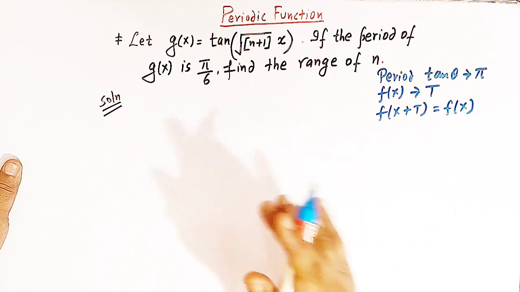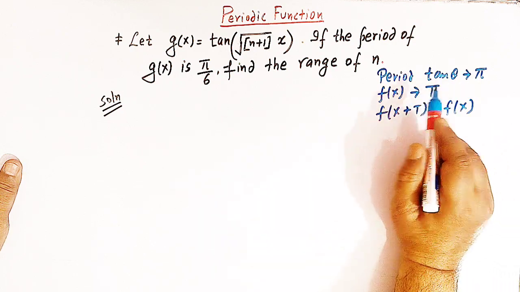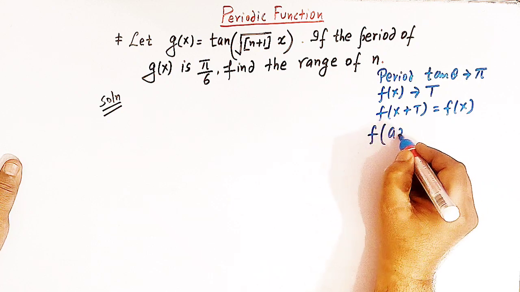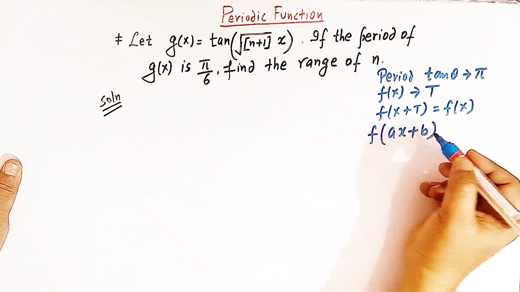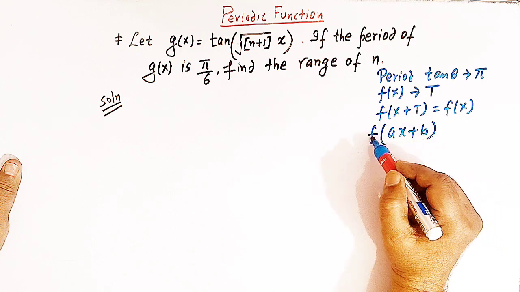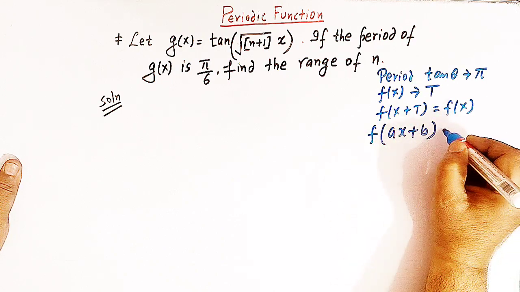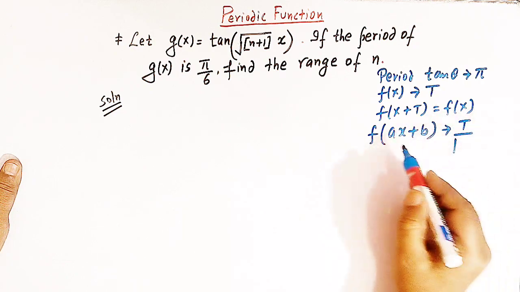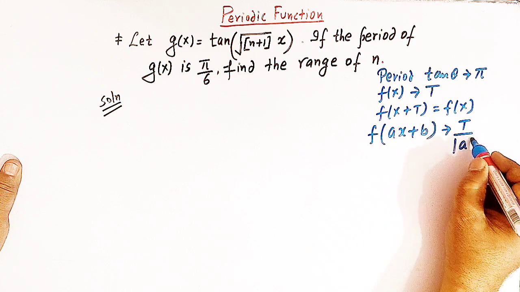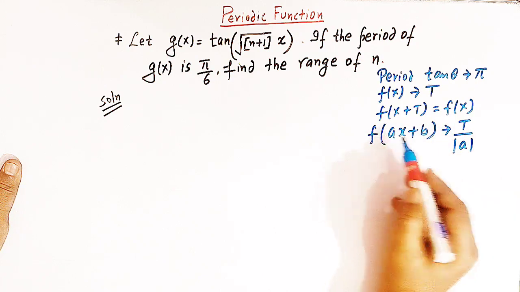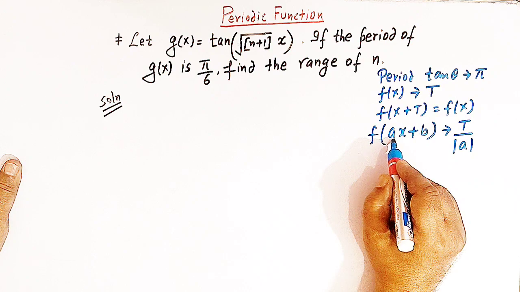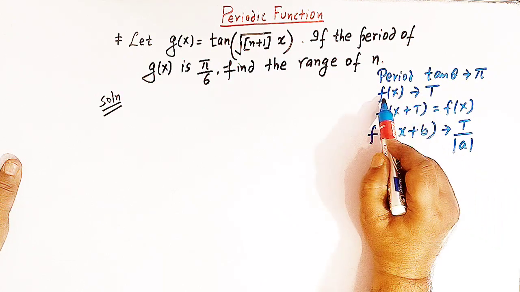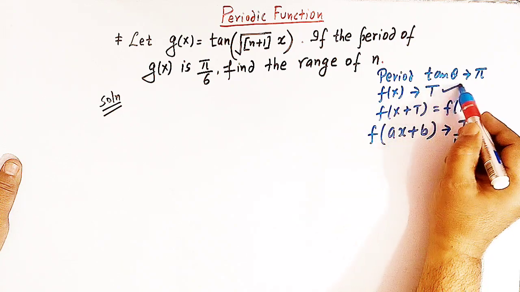We also know that if we have a function f of ax plus b, then the period of f of ax plus b is t divided by the absolute value of a, where a is some real number except 0, provided the period of f of x is t.